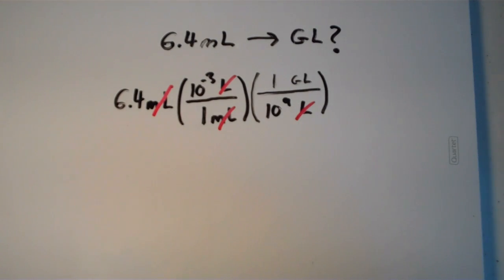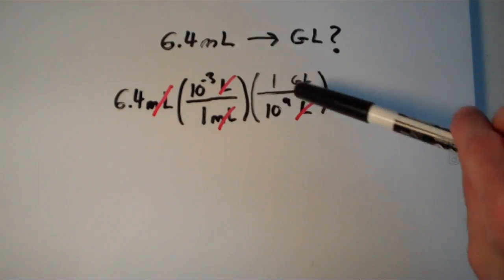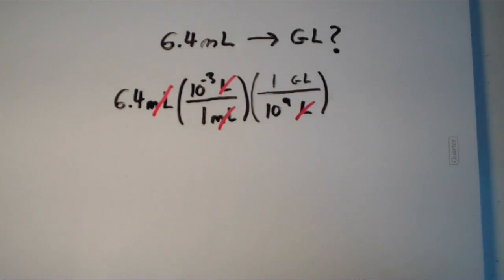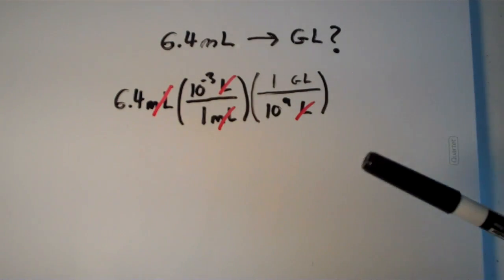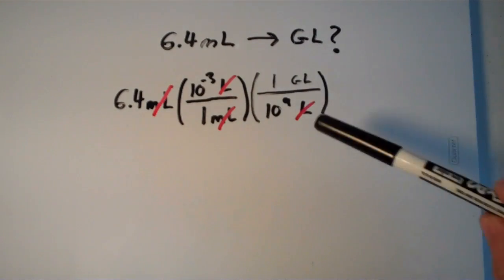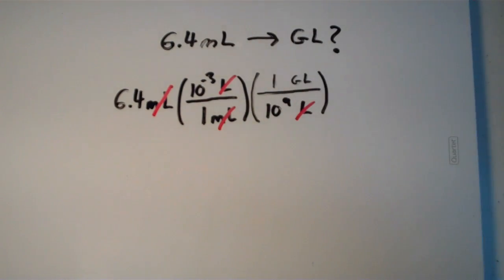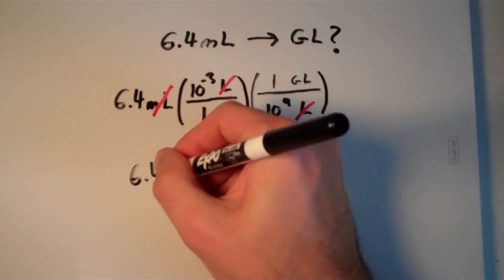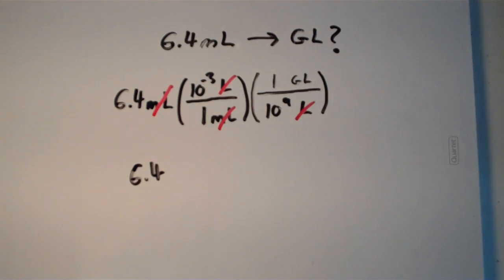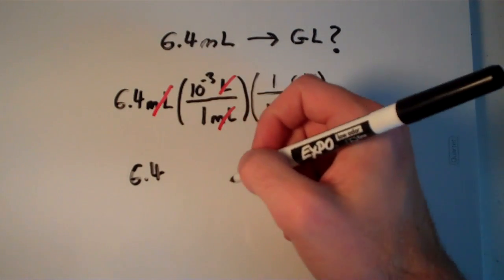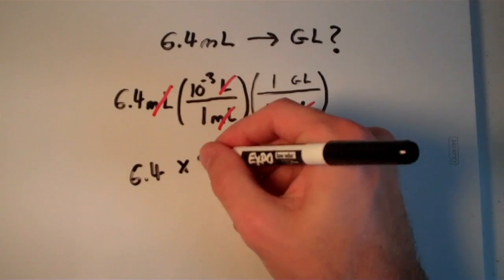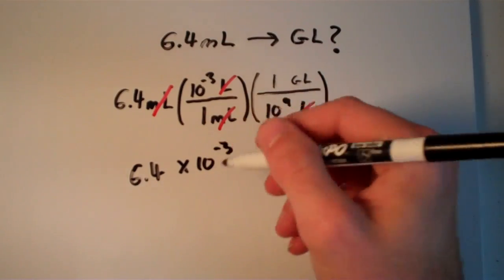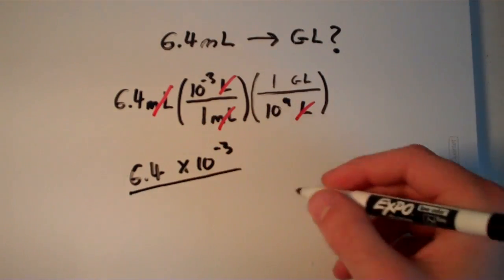The great thing about prefix multipliers is that all we're doing is just multiplying. We're just working with powers of 10 here. And when we're working with powers of the same number, we can simply add or subtract these exponents when we're multiplying and dividing them. So, of course, our 6.4 is just going to remain 6.4. So we're taking 6.4 times 10 to the negative 3, and we're dividing by 10 to the 9.